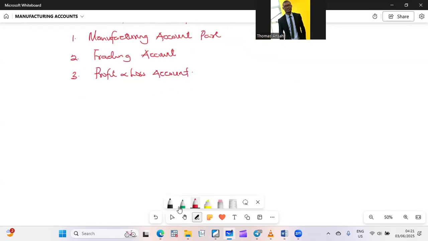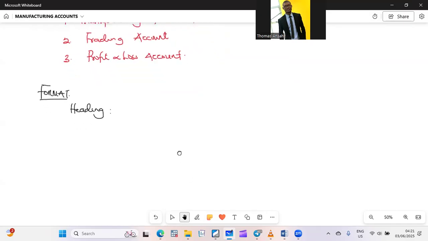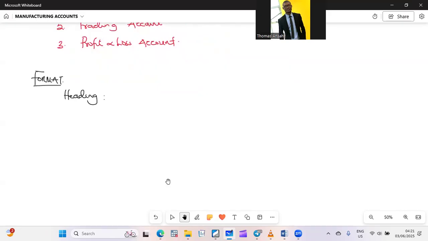So the format. The heading is very, very important. One of the things we realize is that when you are solving questions, you don't put the heading properly. Learn the heading properly.